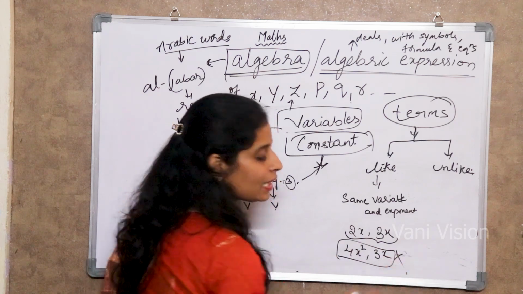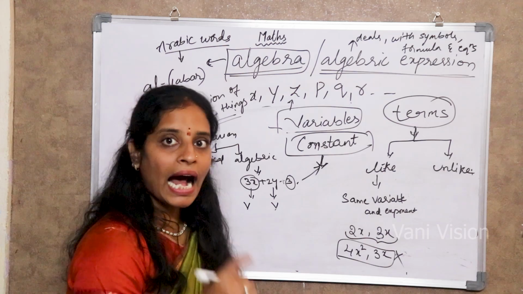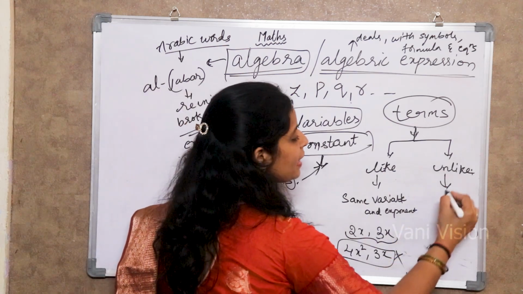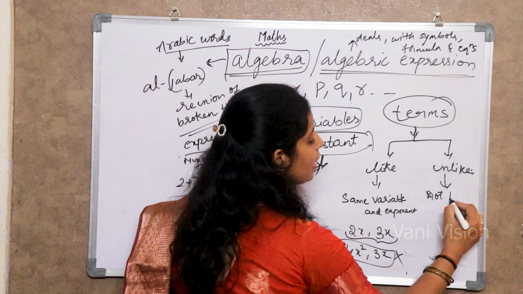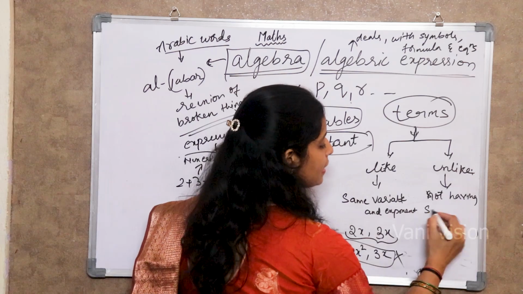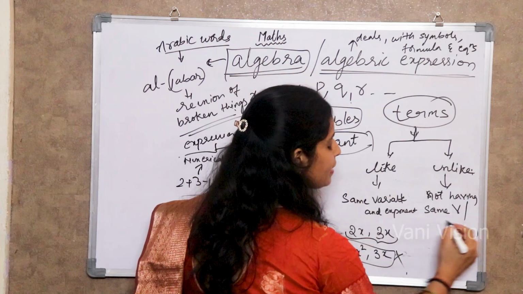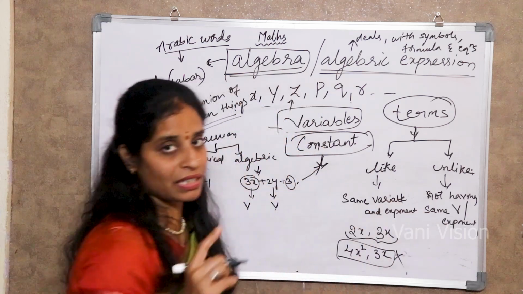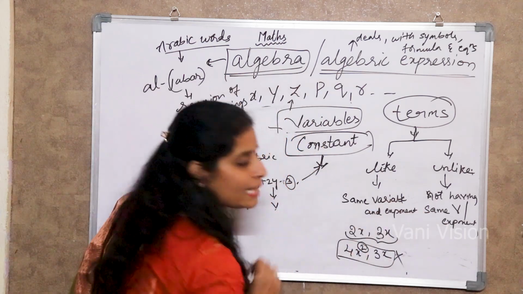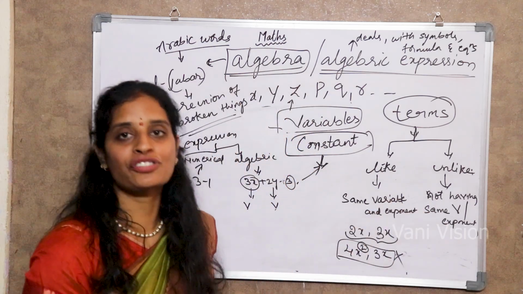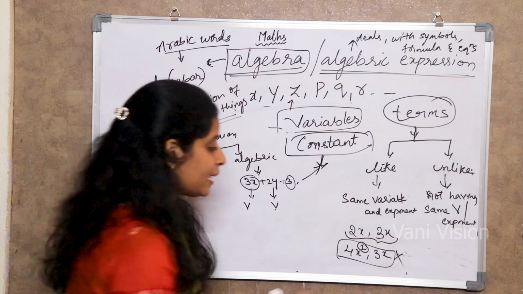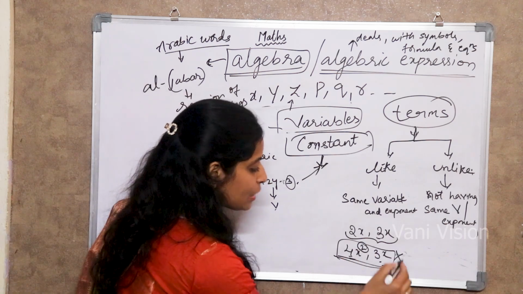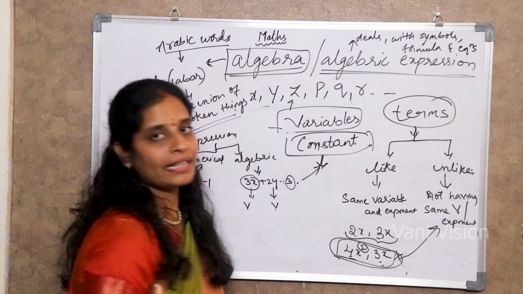These don't come under like terms, they are unlike terms. What is the definition of unlike terms? Not having the same variables and exponents. See, this 2 is called a power. x square is x to the power of 2. So this one is an example of unlike terms.